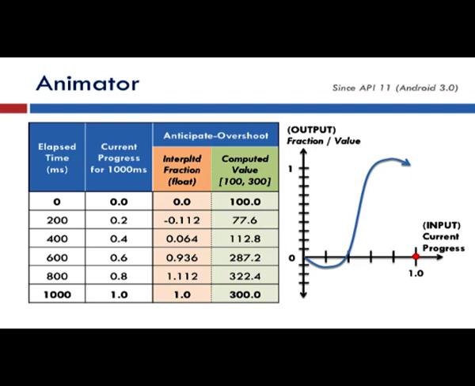For example, if you want to animate a circle with start and end values of 100 and 300, but in the starting we want it to go a little bit behind 100, and in the ending we want it to go a little bit beyond the 300 value, we can specify it with the overshoot and anticipate operator. The graph of it looks similar to this.